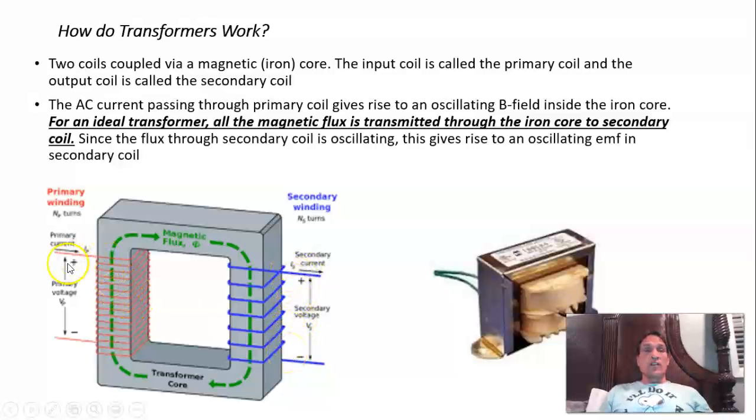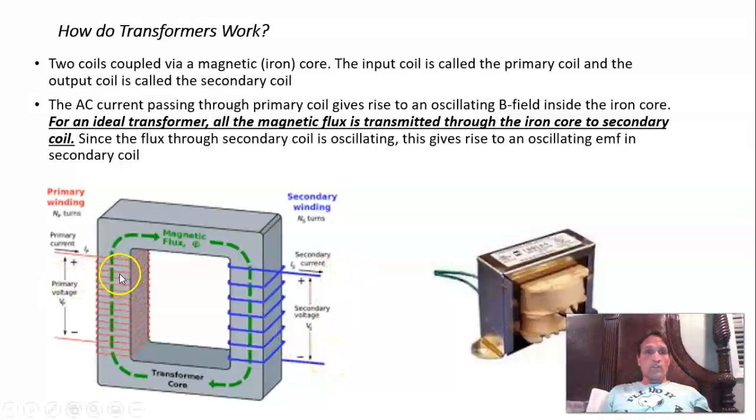Now, since this primary voltage is a sine wave and it's changing, you've got a large voltage, a large current here, which is changing in time, and that produces a changing magnetic field, which produces a changing flux through this second coil. And that changing flux generates an EMF, and so we can generate a voltage in the secondary coil.